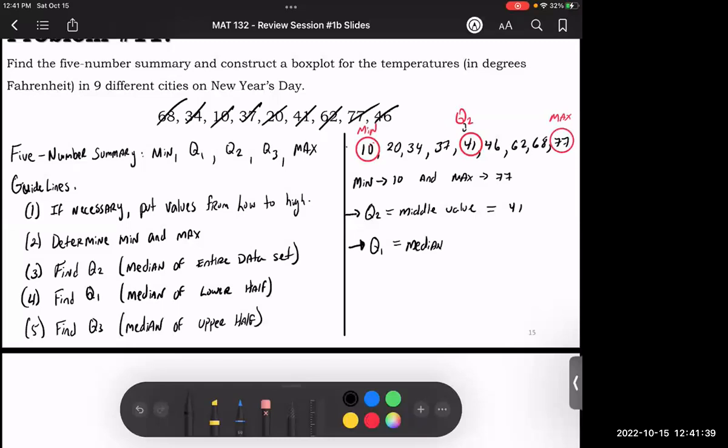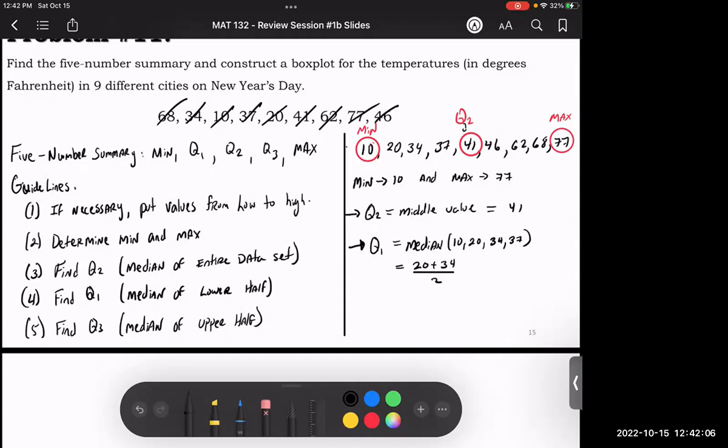Q2 is what separates the lower half from the upper half. So we take the median of 10, 20, 34, and 37. Since 4 is an even number, the median must be equal to the sum of the two middle values divided by 2. So we're going to take 20 plus 34, divide that by 2.